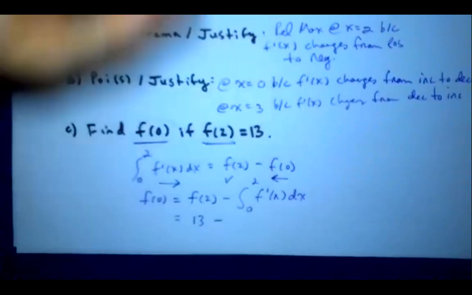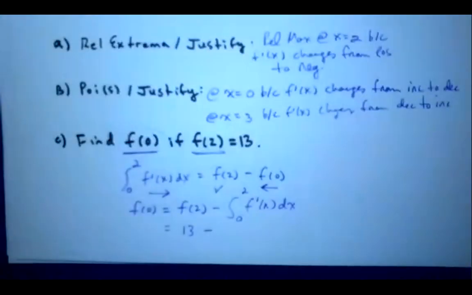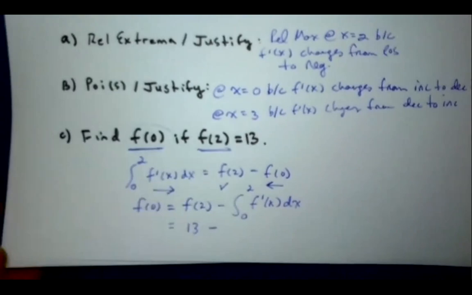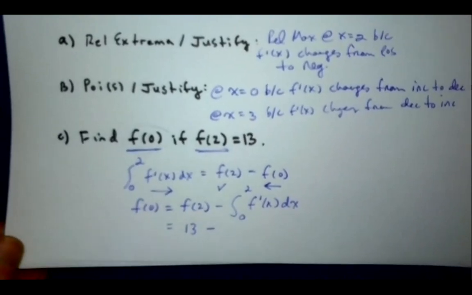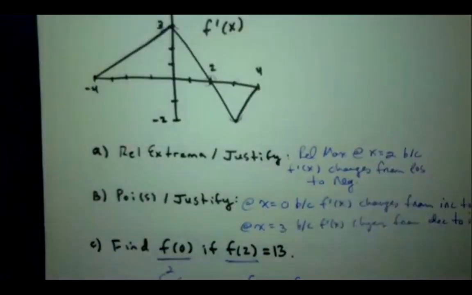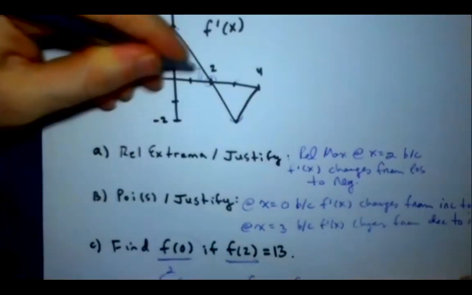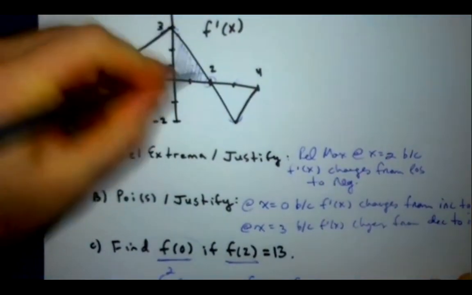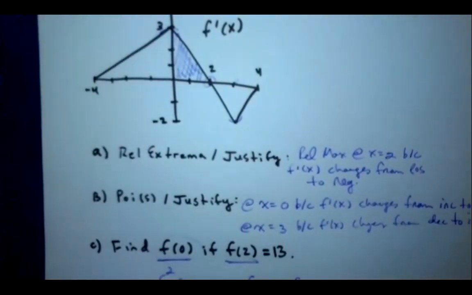So this is what I'm looking for. F of 2 is equal to 13 minus, all right, hold up. So what are we doing now? 0 to 2 f prime of x dx, integrating it. The last problem we did, they just told me the area. This one didn't tell you that. How do I find the result of that integral? You would find the area under the curve. Yeah, we've got a triangle here. We can do this. So this area here, it's a triangle.